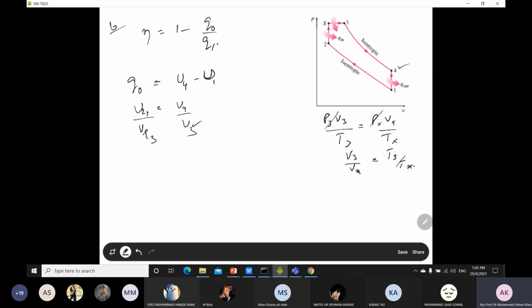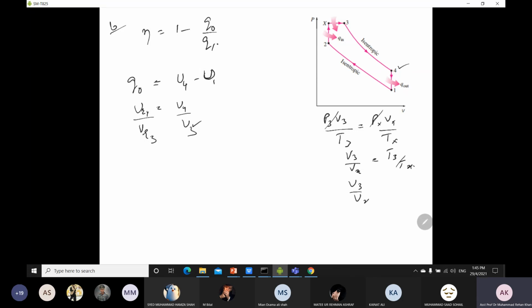And V3 over Vx is your cutoff ratio. Do we have the cutoff ratio value in the problem or not? We do not have the value, so V3 over Vx is equal to 2200 Kelvin over 1300 Kelvin.